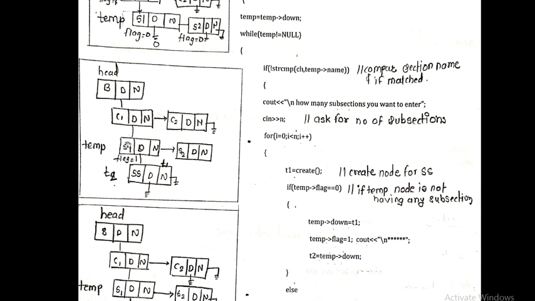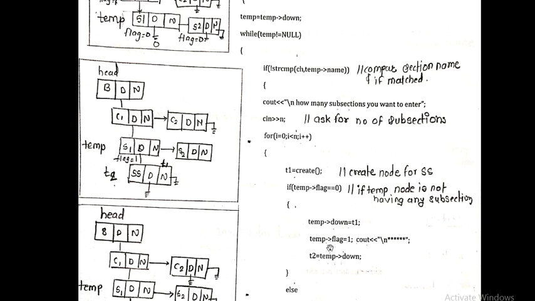So you can see that now for section 1 I have inserted the new node T1. Initially its flag is 0, right? So this if condition is true, initially the flag is 0, so no subsection is available. So I am assigning that T1 to the temp of down. Here D is nothing but down, N is nothing but next. So temp of down, I am assigning the T1 node. You can see that the T1 node is assigned over here. At the same time, I am making its flag 1.